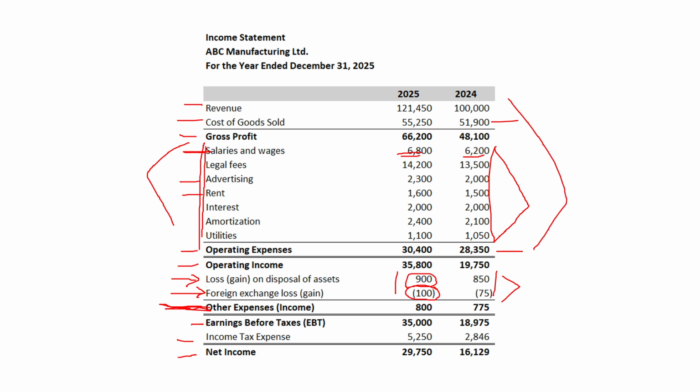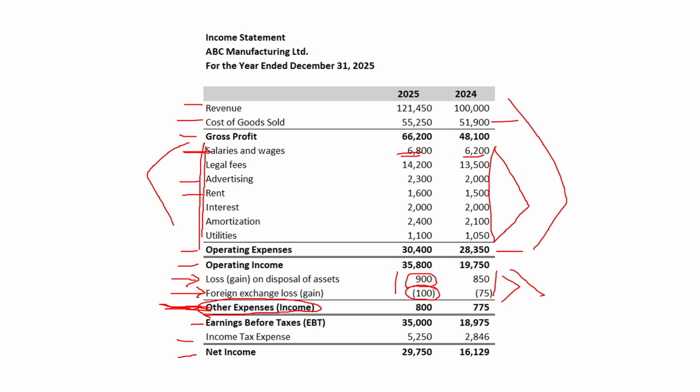Because like I said before, the other expense items and income items are not related to the core fundamental business model, like what makes the business money, right? Think about if Starbucks, instead of making most of their profits from selling coffee, suddenly were selling, let's say, clothes, right? That would be a concern.